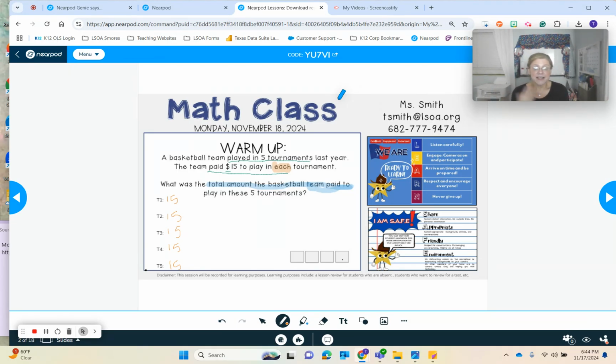Does it mean addition, subtraction, multiplication, or division? When you see that word each, it means something. What operation does that word each tell us? Make a box, put that symbol in your box.